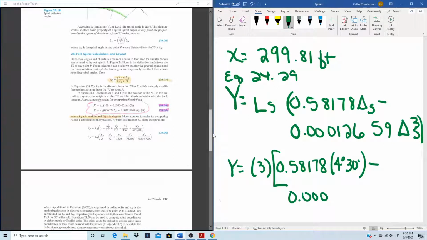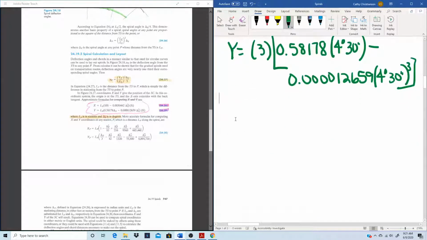It's an extra 0 right here. And theta cubed. Okay.